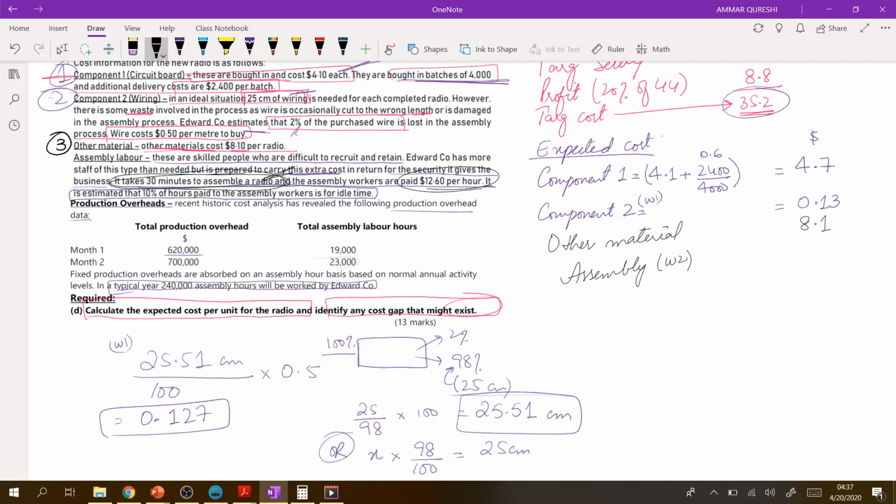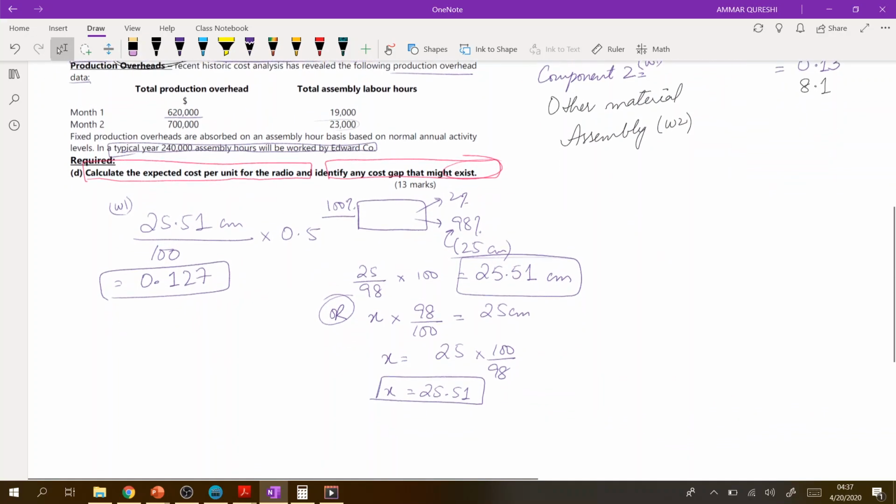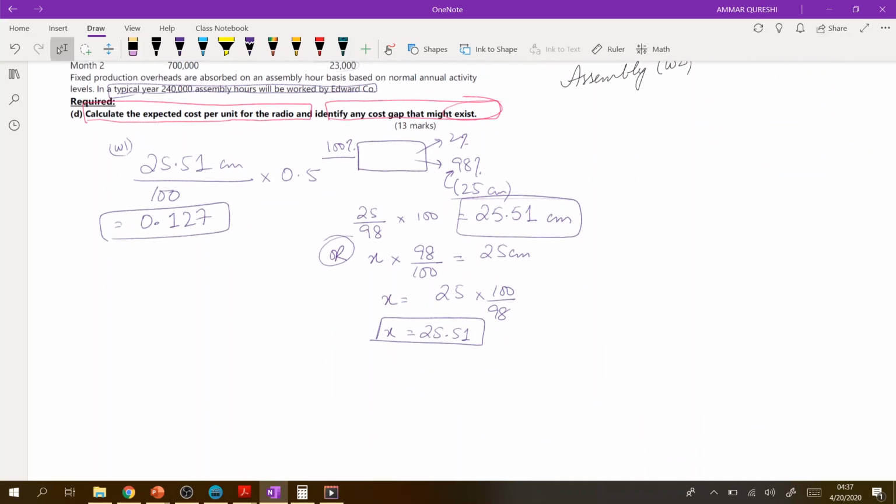Cost is 12.6 per hour, and we are expecting that there will be 10% of idle time, right? Again, don't take 110% of 30. It's wrong. We will do the same calculation here. Suppose we are making an input of 100%, then 10% will get lost and we will get just 90%.